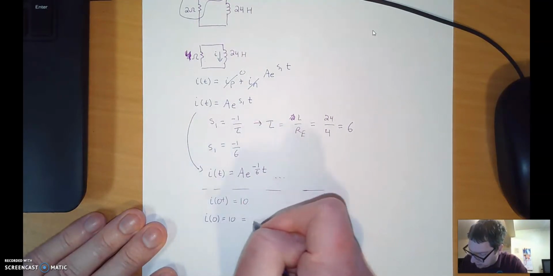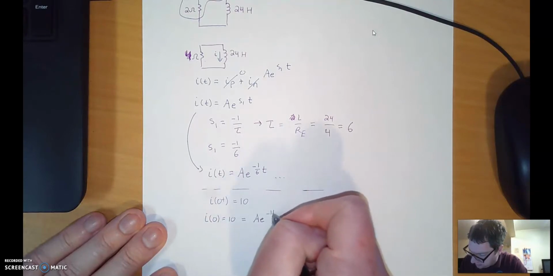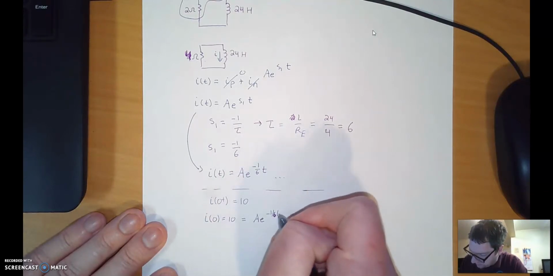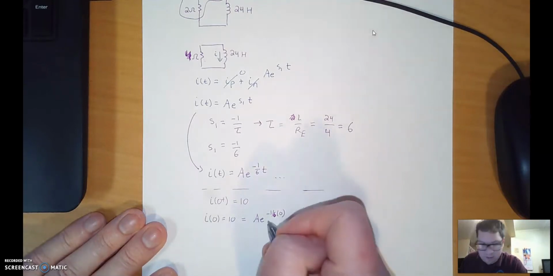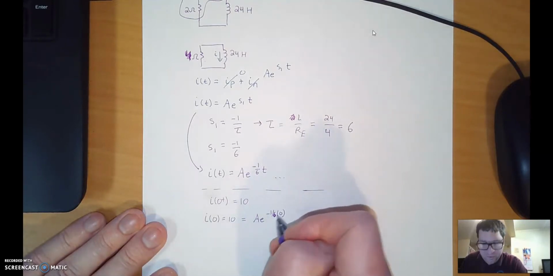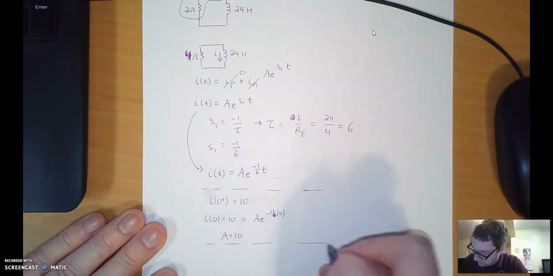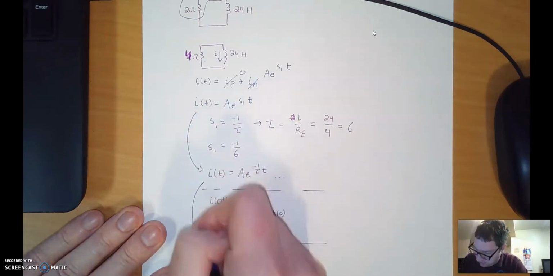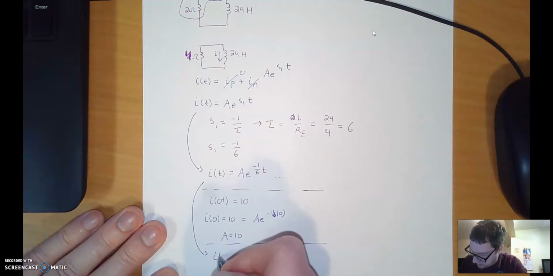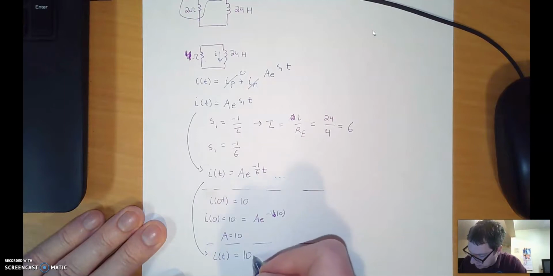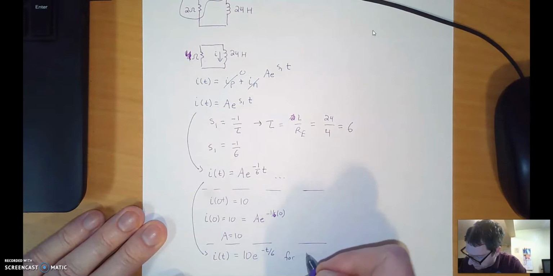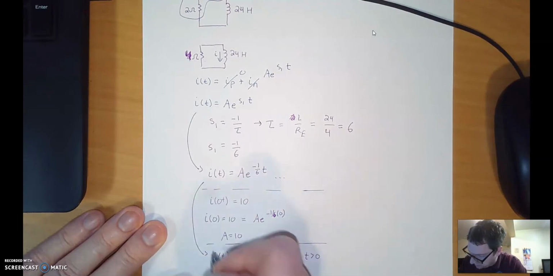It is also equal to A e to the negative 1/6 times 0, which is just e to the 0, which is 1. Therefore, A is equal to 10. And that means we are done. We just write out our function here. Our current I of t will be modeled using 10 e to the negative t over 6 for t greater than 0.